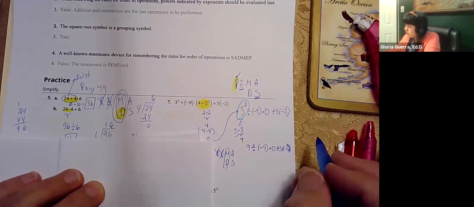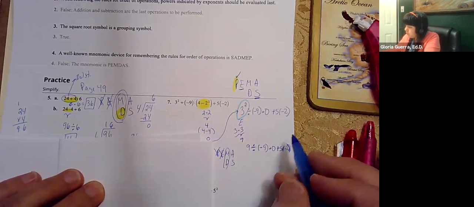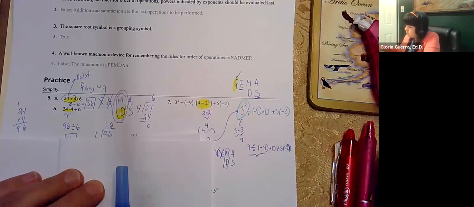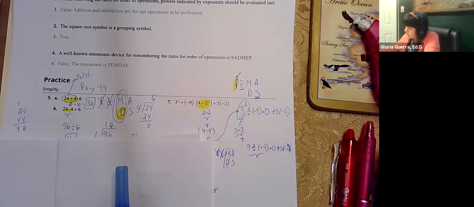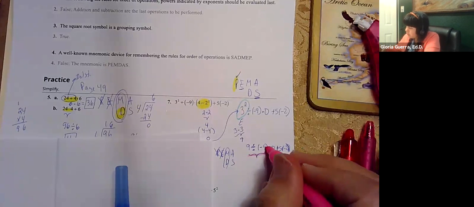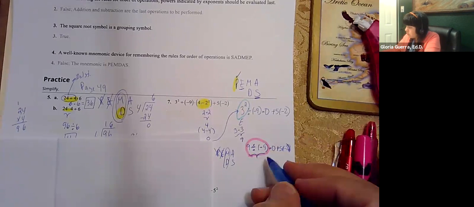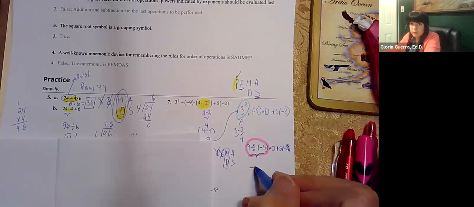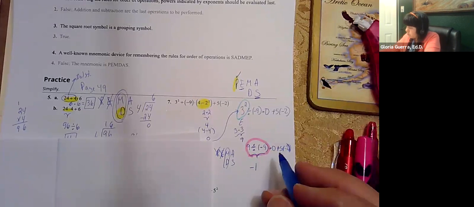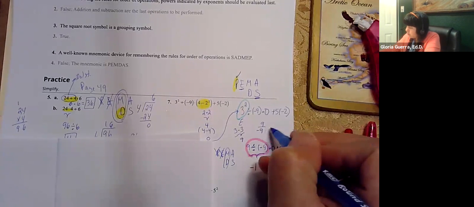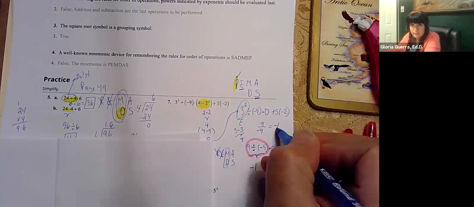You got to do them from left to right. So left to right means you want to do the 9 divided by negative 9 first. And 9 divided by negative 9 is just negative 1.